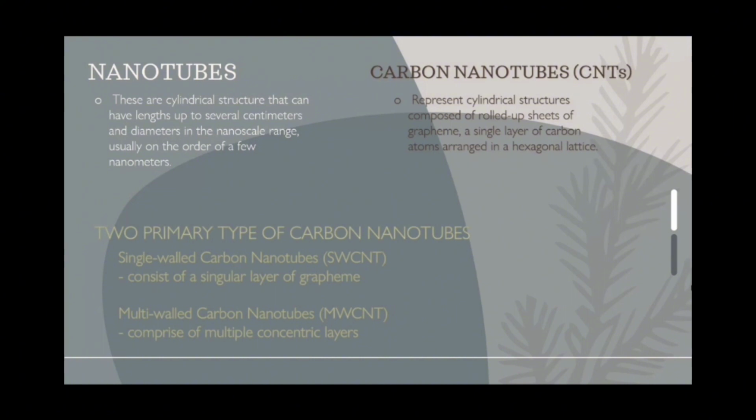Under carbon nanotubes, we have two primary types, the single-walled carbon nanotubes and the multi-walled carbon nanotubes. The single-walled consists of a single layer of graphene, while the multi-walled consists of multiple concentric layers of walls of graphene.